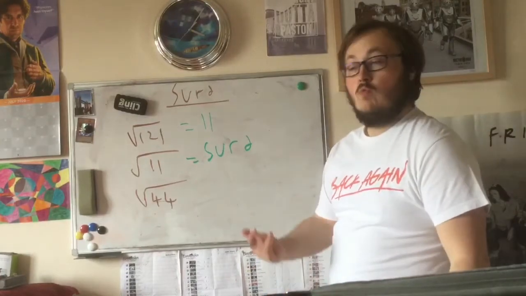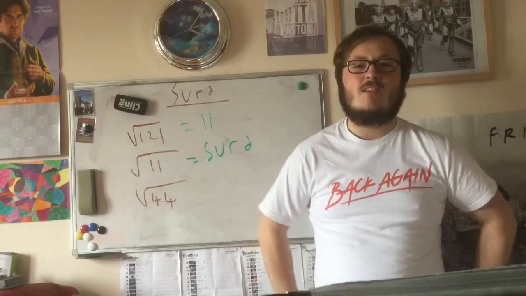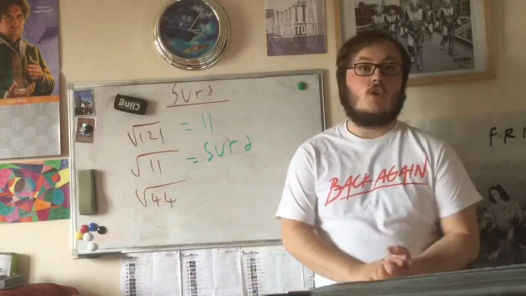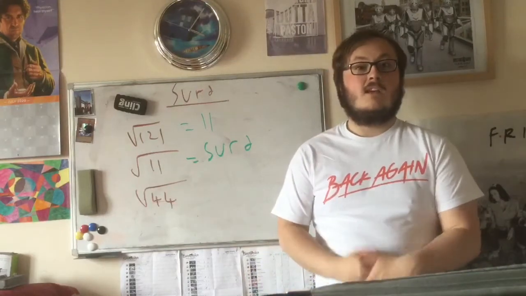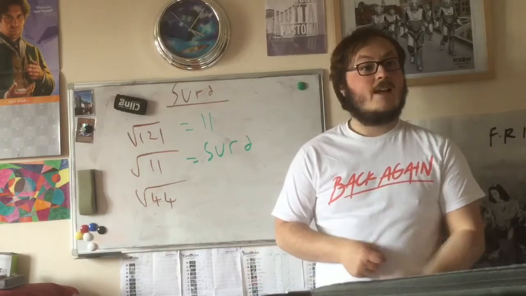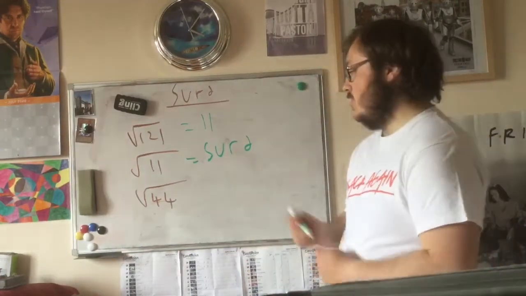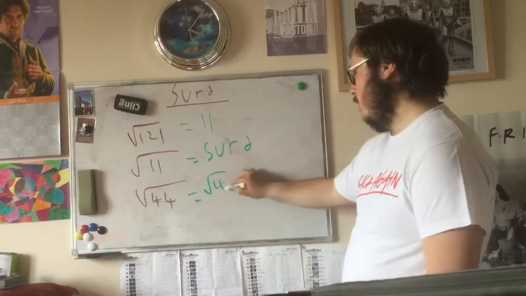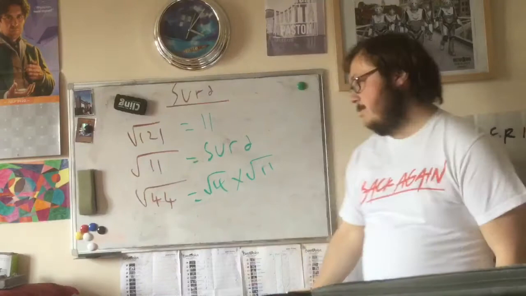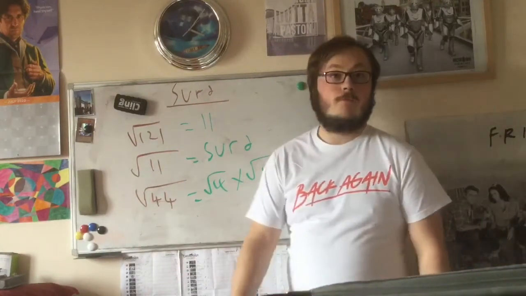So we can do 1 and 44, but then we just end up with root 44 again. It doesn't really get us anywhere. We could also do 2 and 22. However, neither of those numbers are square numbers, so we can't simplify it. What about 4 and 11? So we write root 4 multiplied by root 11. The reason why is because if you were to actually do this multiplication, you would end up with root 44.